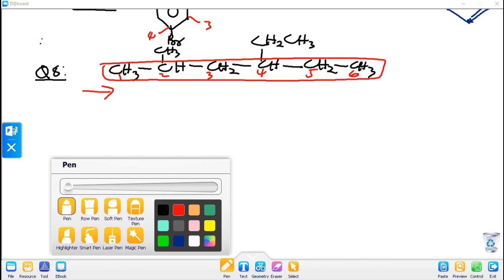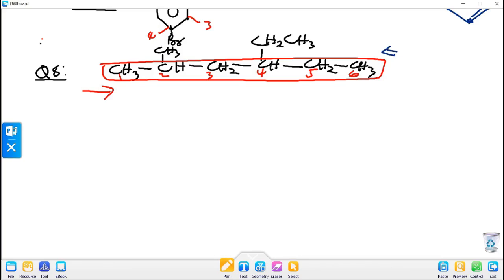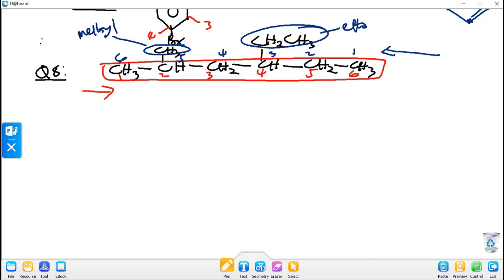But if we choose to number our parent chain from the right hand side, this will be carbon 1, carbon 2, carbon 3, carbon 4, 5, and 6. So it means that this is a side chain and this is another side chain. This side chain is methyl. This is the methyl side chain, and this is the ethyl side chain.